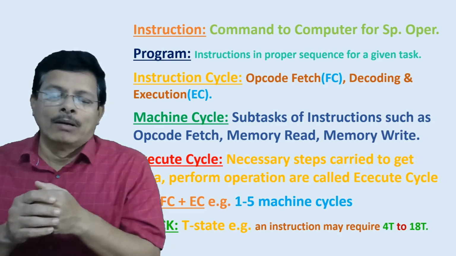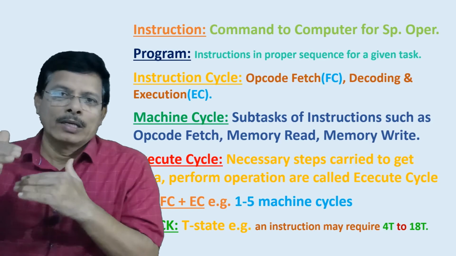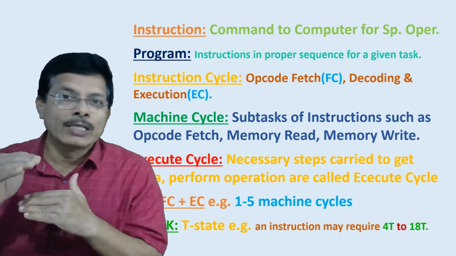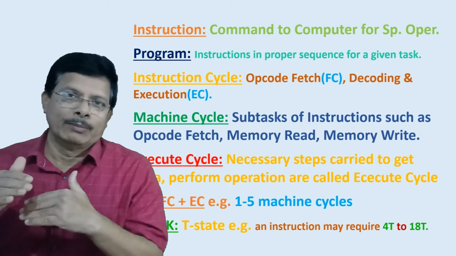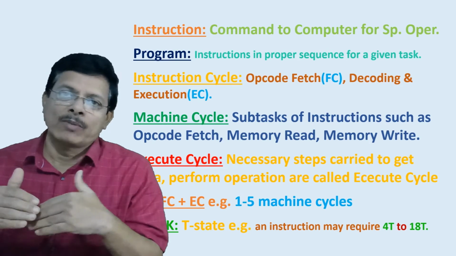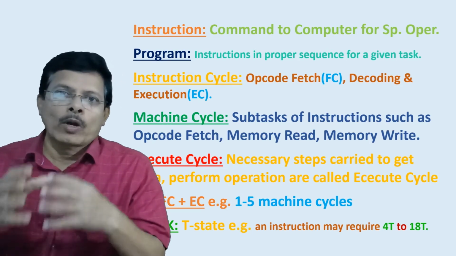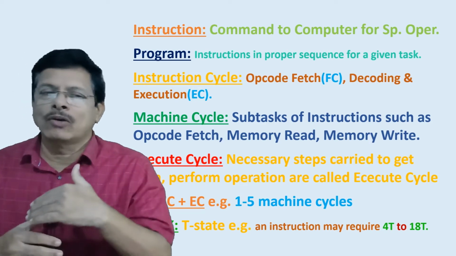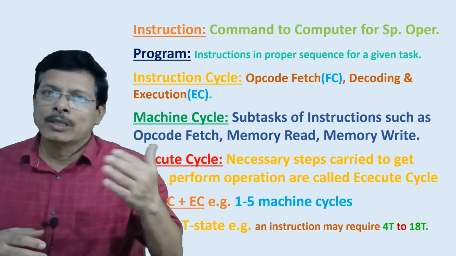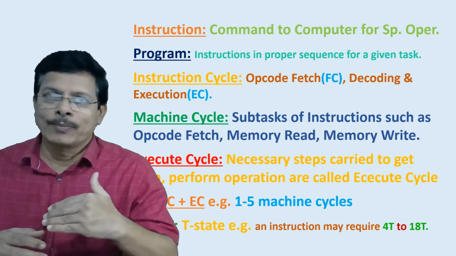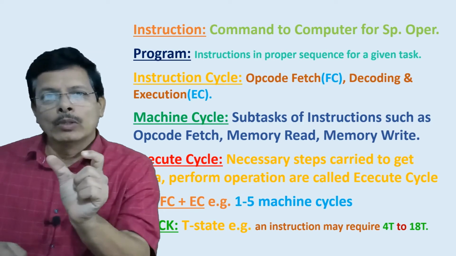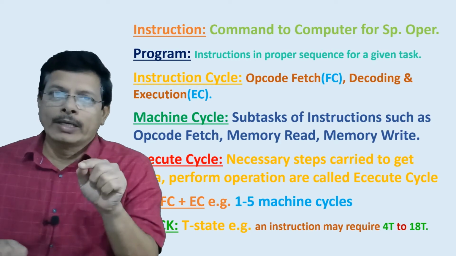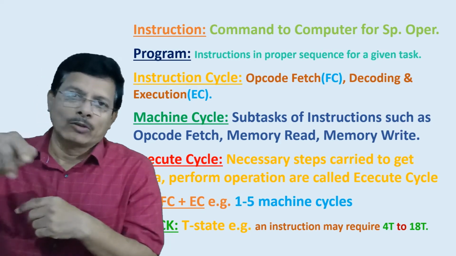Just as I said, instructions are stored in memory locations. Instructions have different sizes. It may be 1 byte, 2 bytes or 3 bytes, and accordingly it takes time for execution. So what the microprocessor does is that execution of an instruction means there is a fetching of the instruction. To fetch an instruction means giving out the address of that instruction and fetching the operation code, that is the first part of the instruction, which is decoded in the instruction register of the microprocessor.